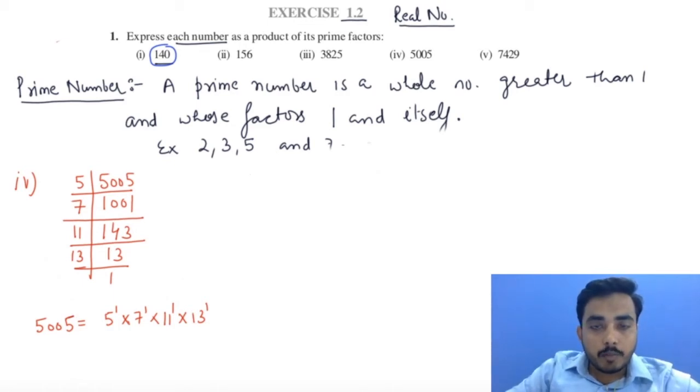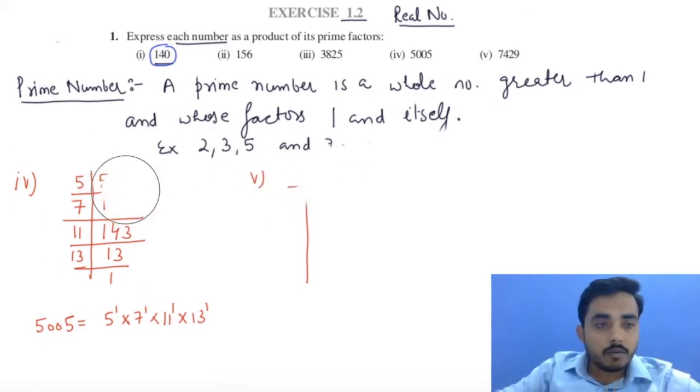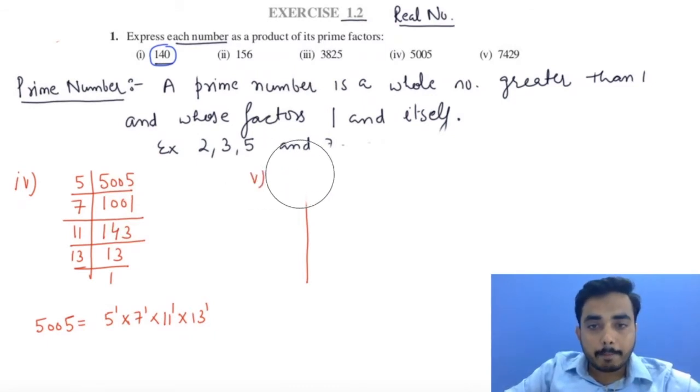Now let's move to part 5, in which we need to express 7429 as prime factors. Let's erase this. This is 7429.